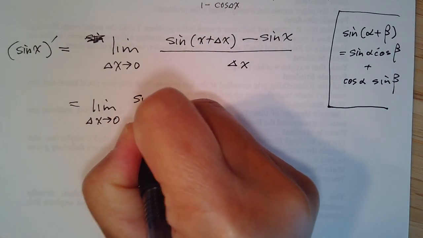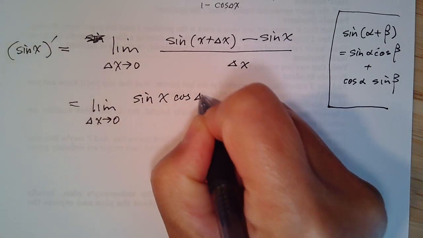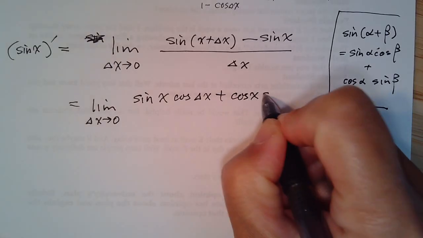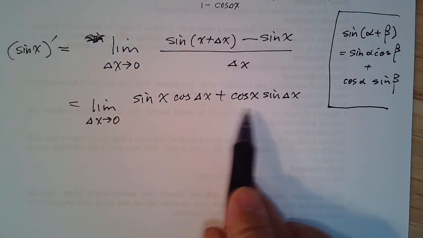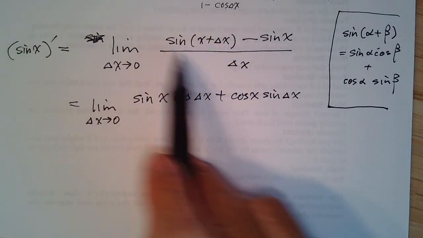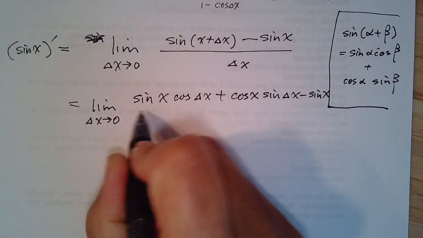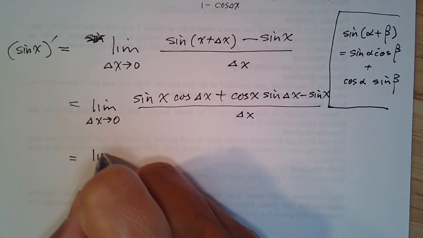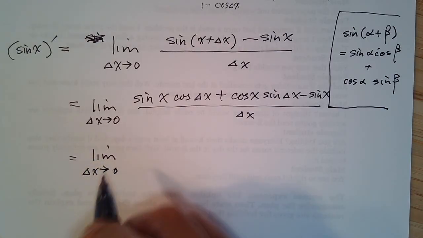So I get sine x cosine delta x plus cosine x sine delta x. These two terms are the expansion of that, and then I minus sine x at the end, again divided by delta x, with the limit as delta x approaches 0.